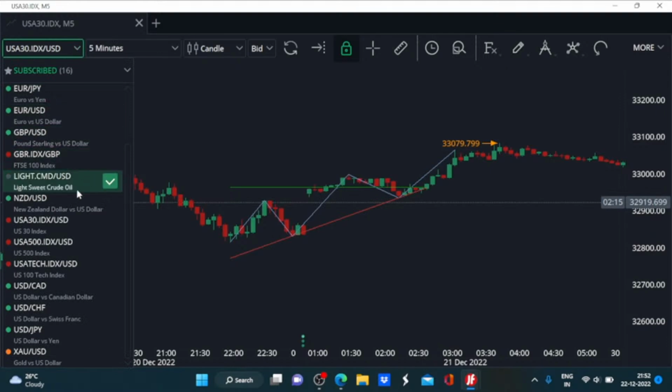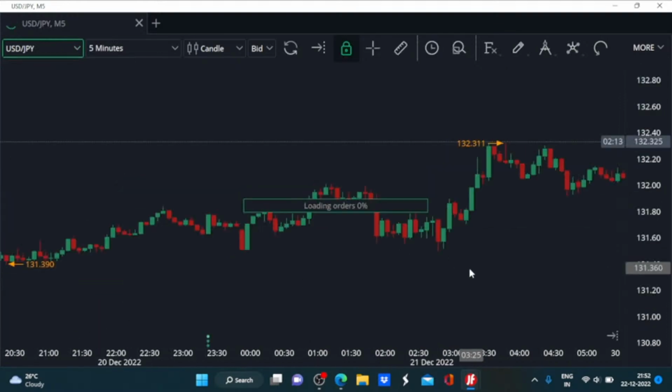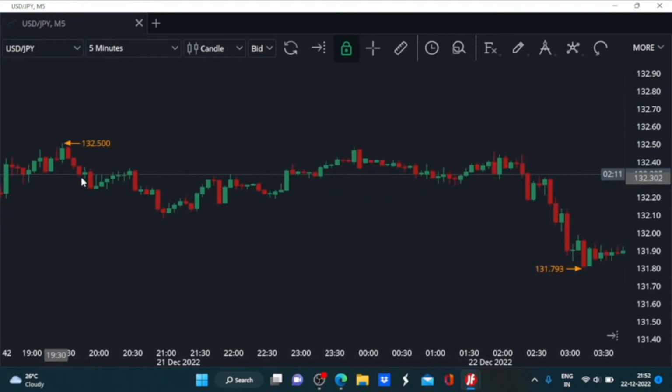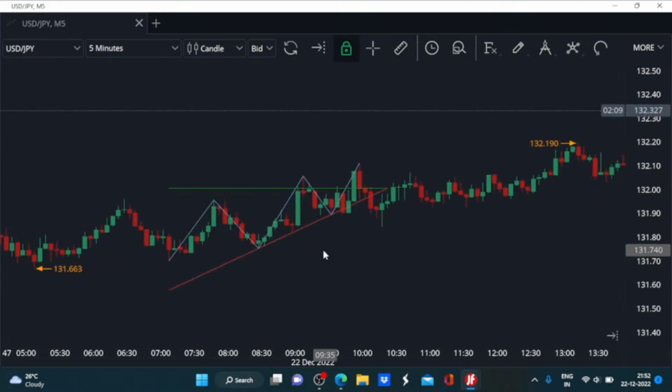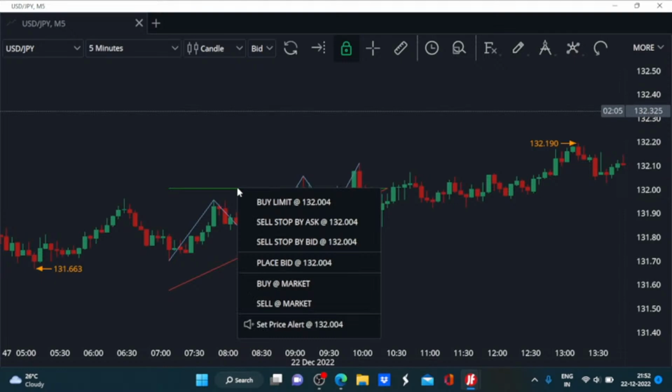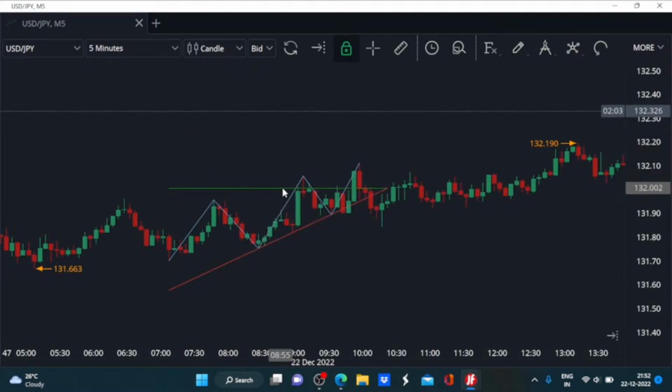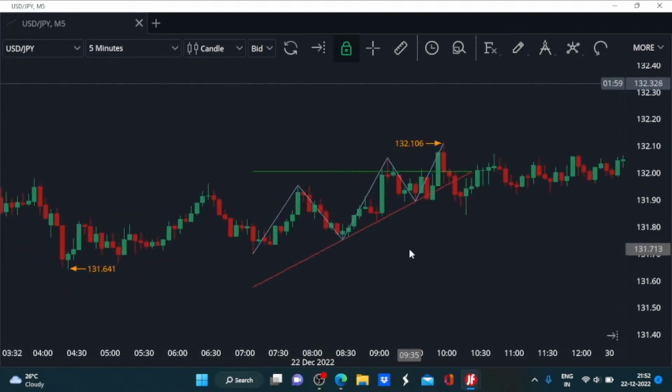Apart from that, now let us see what we can do in terms of the customization. Let's see the options available to us on the platform. We can't really edit the parameters because, as you are aware, this formation is simply derived using the price action.